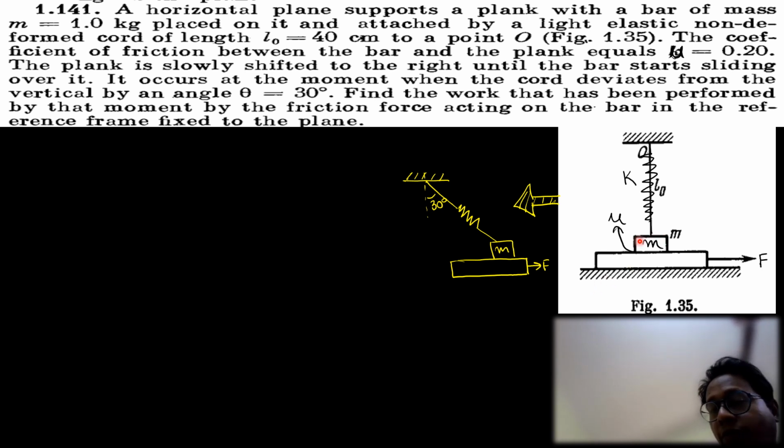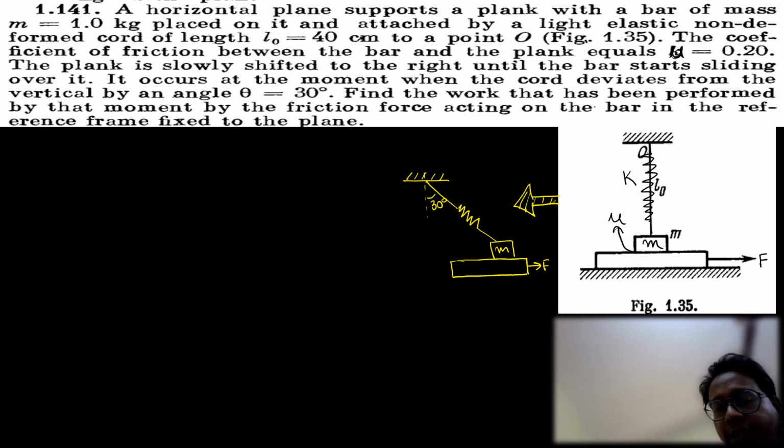Who is moving this mass m towards the right? The friction force is moving this mass m towards the right, the friction force applied by the slab on the block. Find out the work done by the friction force from the initial position till the position where the block starts to slip.